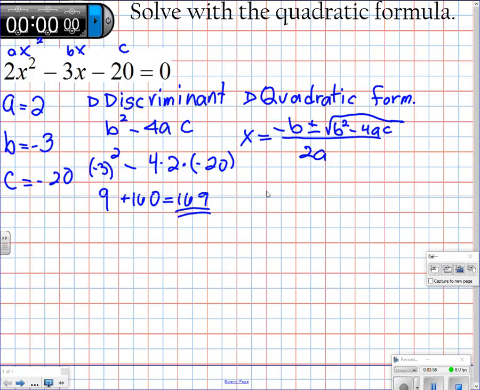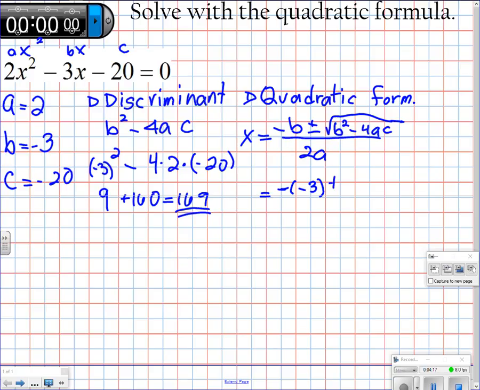Now just plug in the values. I'm going to have a negative because there's a negative in here. The b value is negative 3, and because it's negative, you need to put it in parentheses. Very, very important. I don't know if you notice there's two negatives in here. One is from the formula, and the other came with the b value.